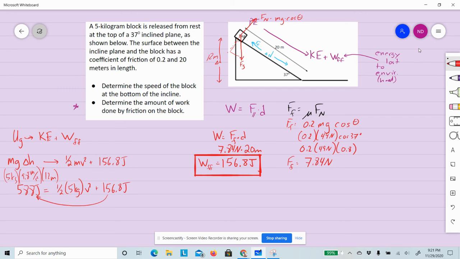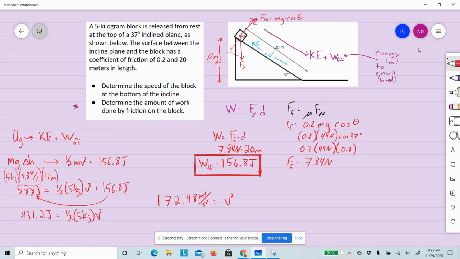Bring that to that side. 588 minus that, 431.2 joules equals 1/2 times 5 kilograms times v squared. 431.2 divided by 2.5, we should end up with 172.48 meters squared per second squared equals v squared.